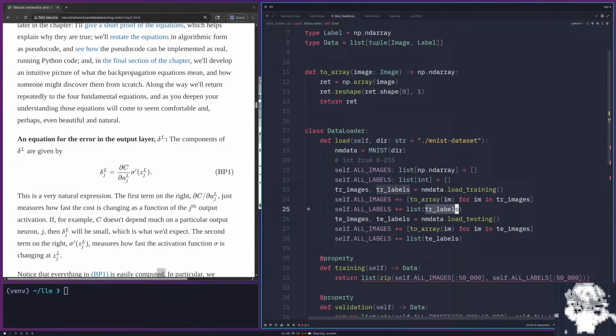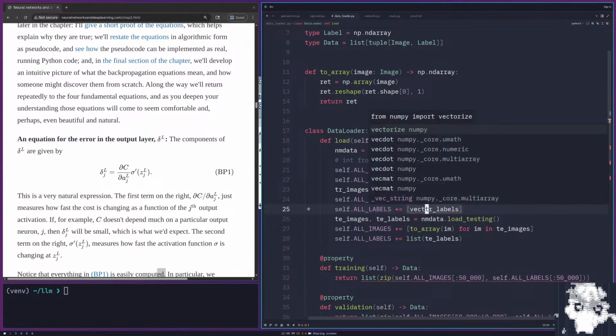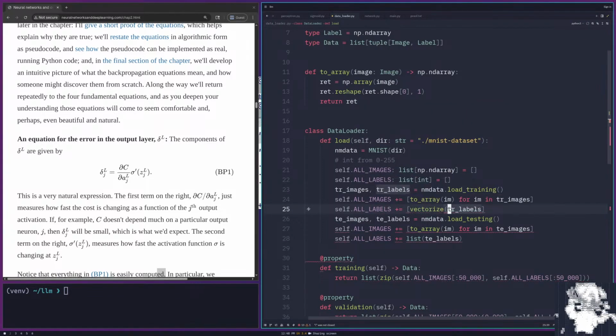Which means I'm not just converting these to lists, I'm vectorizing these. Vectorize label or label.